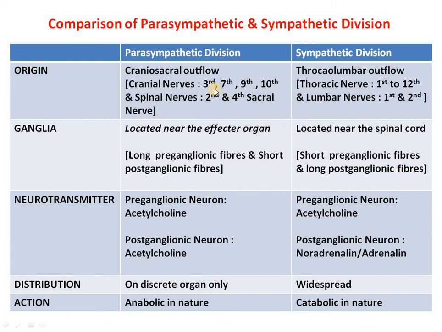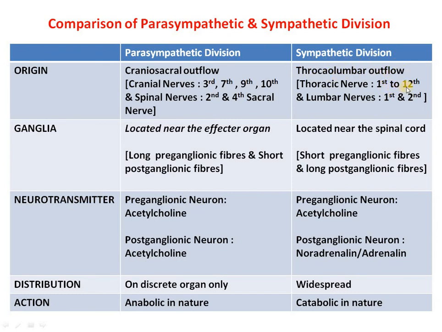If you compare the sympathetic and parasympathetic subdivisions, you can find a difference in their origin. The parasympathetic nervous system is craniosacral in nature. That means it consists of the third, seventh, ninth, and 10th cranial nerves, as well as the second and fourth sacral nerves. So it is craniosacral in origin. Whereas the sympathetic subdivision is thoracolumbar in origin.